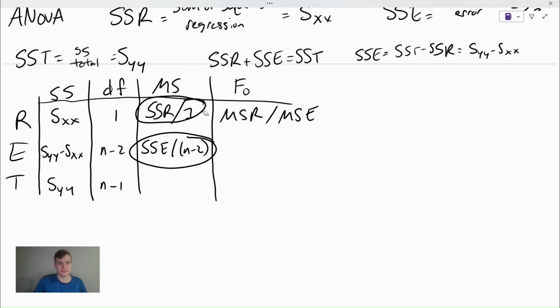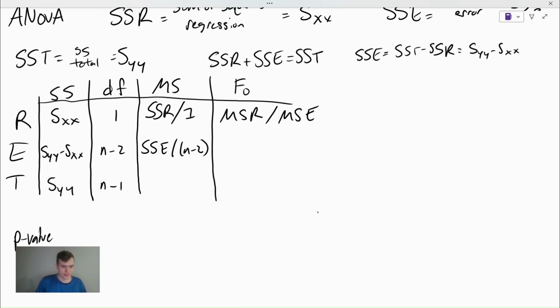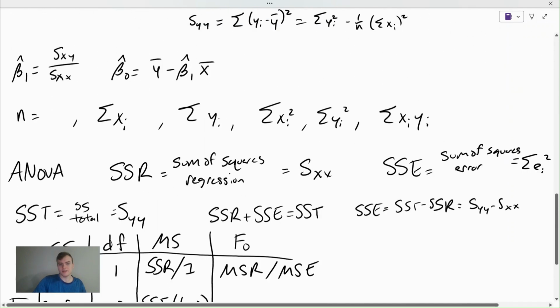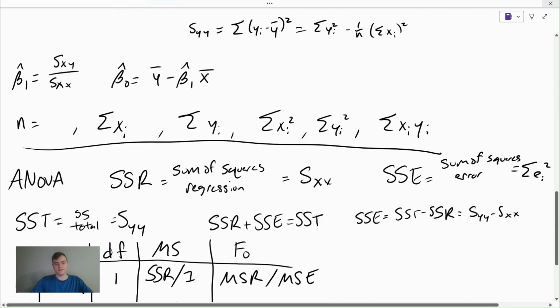And let's go ahead and erase those circles. And so this test statistic directly gives us the p-value, or we could compare this to some critical value. But if we were doing a p-value, we would take the F distribution with degrees of freedom 1 and n minus 2 of F0, and our F0 again is MSR over MSE, which we've shown can be directly calculated from these guys, which are directly calculated from these guys.